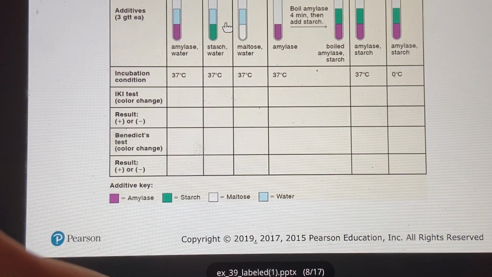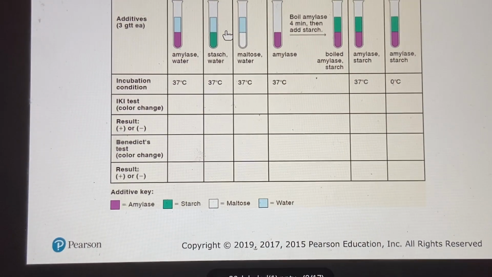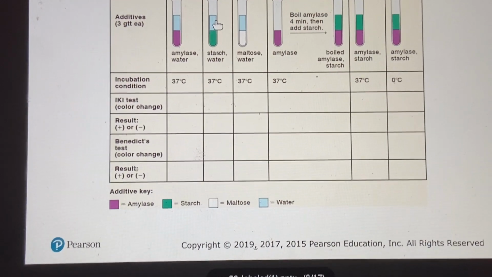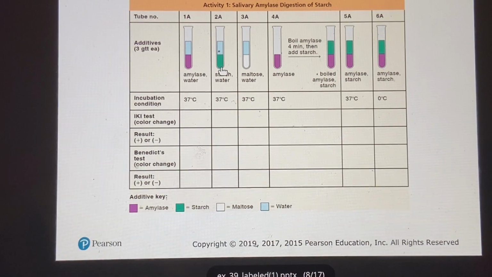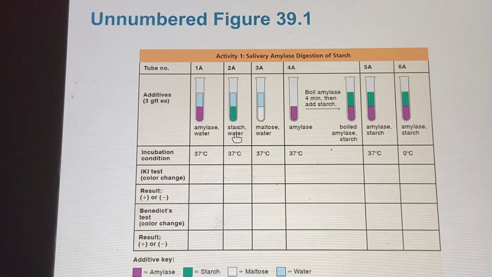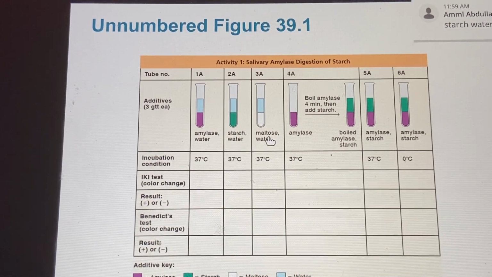Thank you. I just want you to respond so I know I'm not wasting my saliva here. Okay, 2A: water and starch. It's right there. And then we have blue and white, maltose and water.